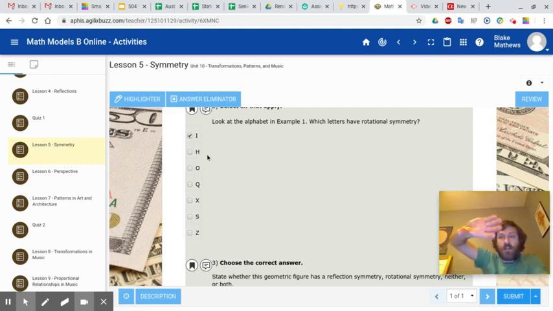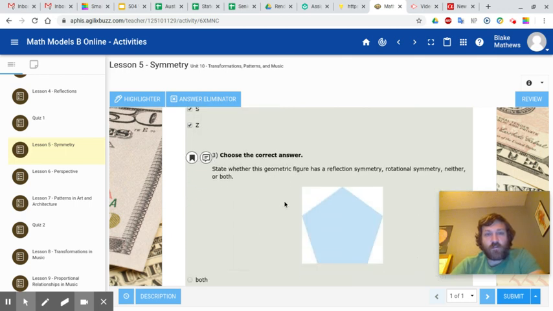If I rotate H, eventually it becomes the same again. O should be pretty obvious. Q is an example of one that doesn't work, because that Q is only a Q when that little mark is in that spot. It can't ever be that again because there's only one of them. X is clearly rotational. S, also rotational eventually. That S will be rotated to itself, as will Z.